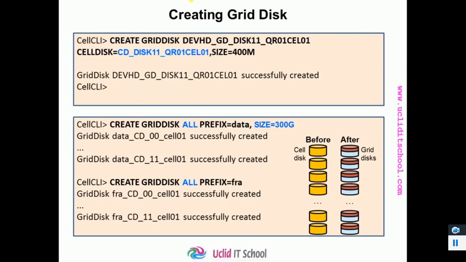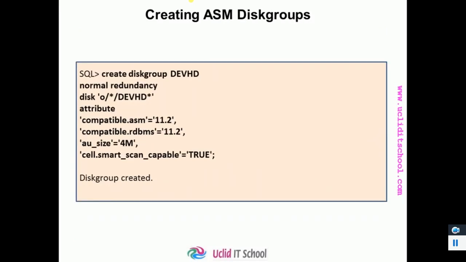So that way you can use different syntax. Before creating grid disks, you have cell disks, and after creating grid disks, each cell disk is logically partitioned into grid disks. Now this grid disk is nothing but your ASM disk. Once the grid disks are created, you can go to ASM and connect to the ASM instance. This is on the database server, remember, because ASM is running on database servers.